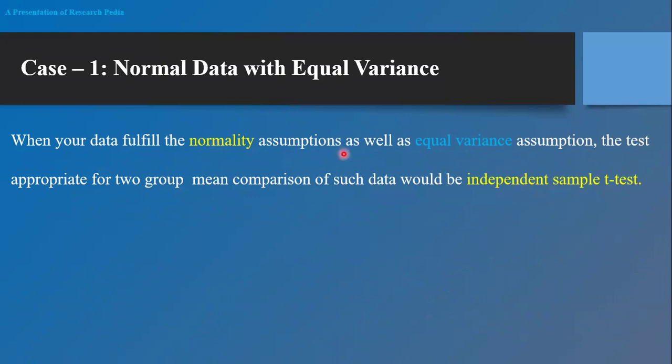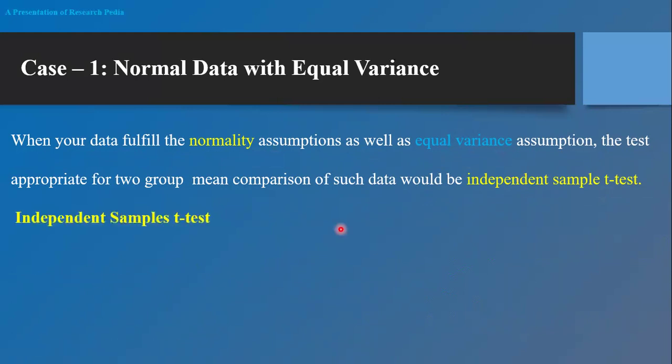So you need to fulfill two conditions, not only the normality, but you also need to verify that the equal variance assumption is fulfilled here. First is normality and the second is equal variance.